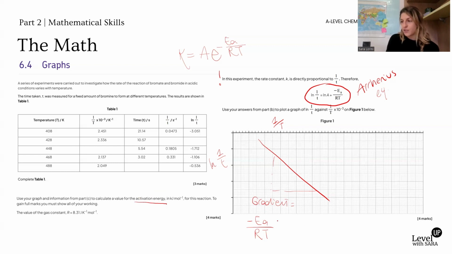So to find the activation energy, the activation energy is equal to your gradient times by R, and then, of course, it would be a positive value because, as we know, the activation energy is positive, and also if you do the correct rearrangement, it will give you a positive.